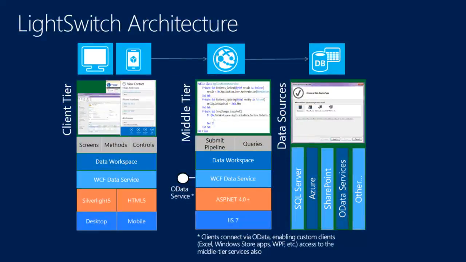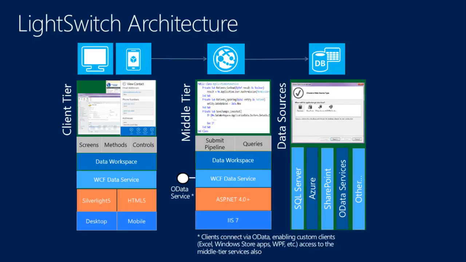So what are we building with LightSwitch? All right. At the end of the day, we're building an n-tier application where we decided to make these technology choices for you, but we wanted to make sure you were set on the right path. All of these technologies down at this lower end of the stack are what you would probably choose if you were going to build a business application from scratch. Okay, we're using IIS 7. We're hosting in ASP.NET.